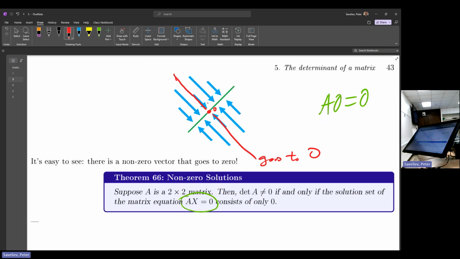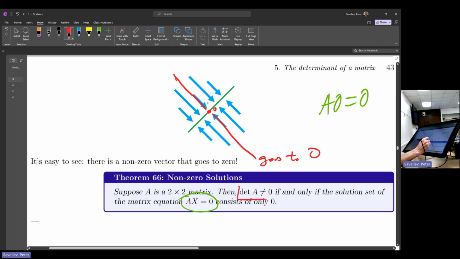So is there or not another x that goes to 0? If that's the case, then not only that point goes to 0, but also the whole line goes to 0, and then definitely the function is not 1-to-1 or onto, so the matrix is singular. And as you can see, that is determined by that little fact that the determinant is equal to or not equal to 0.